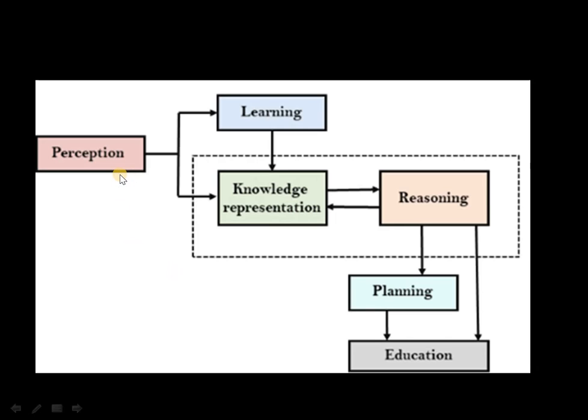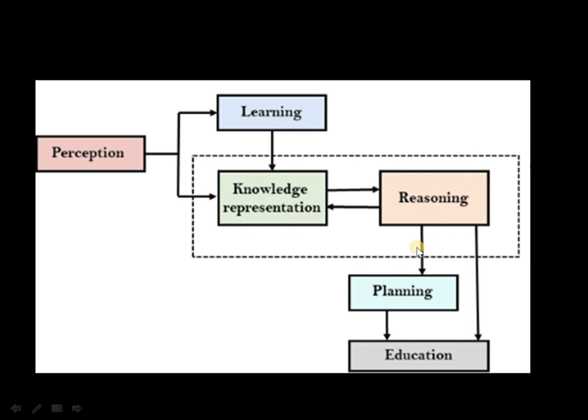The first point here is perception, and from perception we will learn something, and directly move to the representation concept. Knowledge representation is happening. Knowledge representation can be done using different methods. It can be by using rules, it can be by using logic, whatever it is. From this knowledge representation, we are taking some inference and we are doing some reasoning.